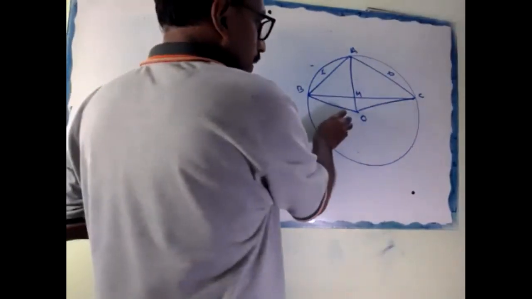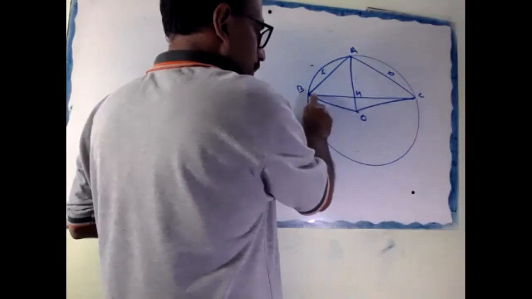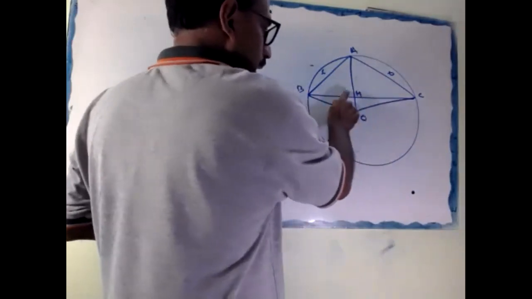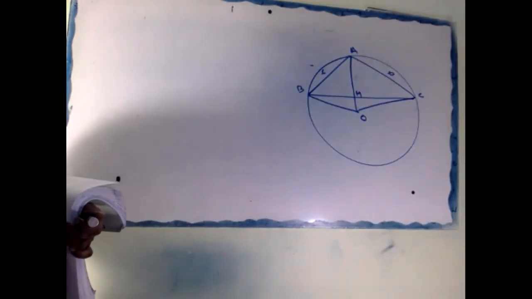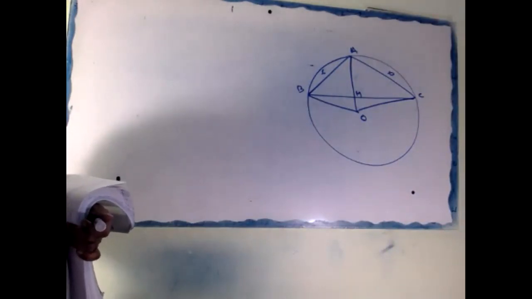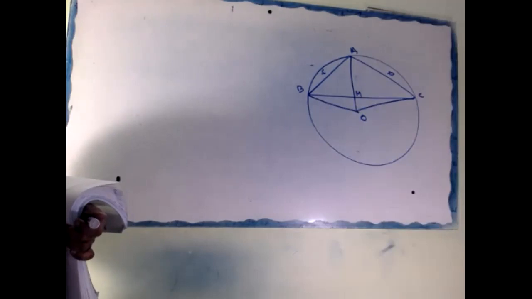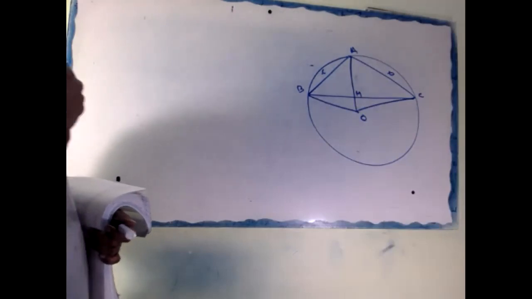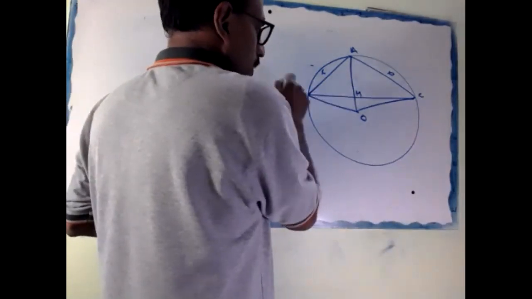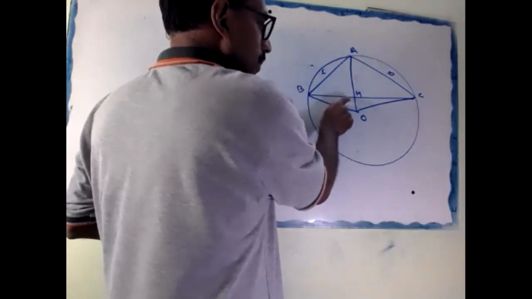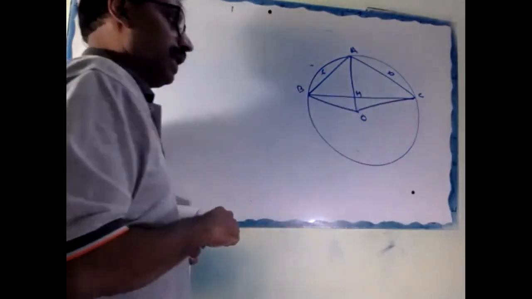First of all, show BM equal to MC and this angle 90 degree. BM equal to MC and angle M 90 degree.